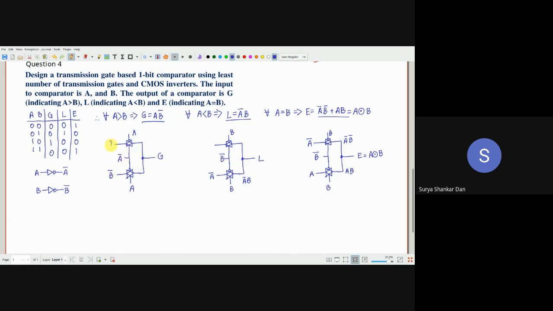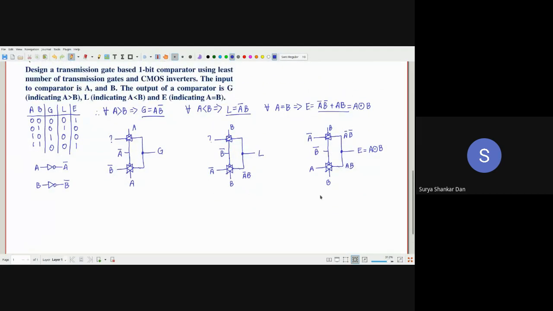So then what to put here? Think, and think before you answer. This is the last problem for today. Because as I told you, this TG is inherently an XOR XNOR kind of gate.